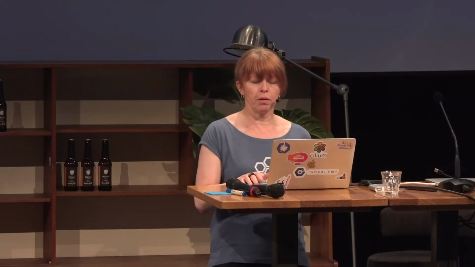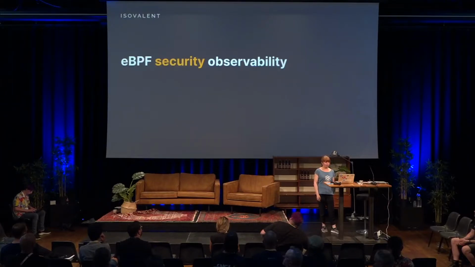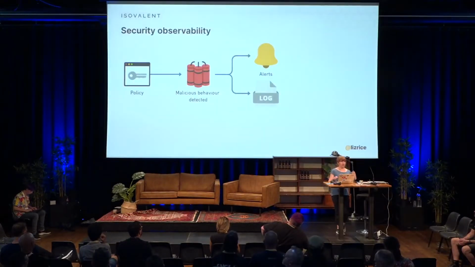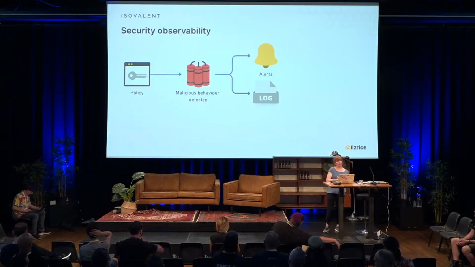So how does observability differ from security observability? And to me, the difference is a policy. We have a policy that defines the difference between what's normal behavior that we expect and what's unexpected behavior that might be malicious.